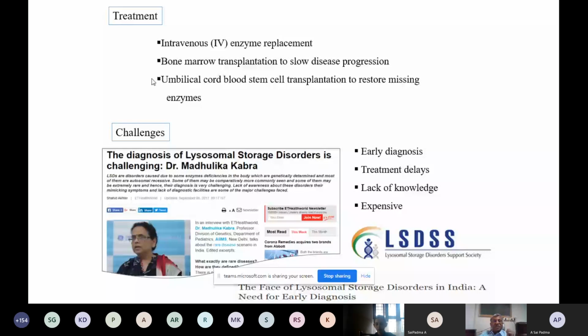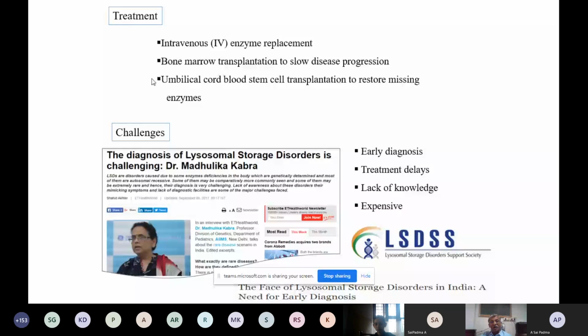So in our country, given the scenario of a large and diversified population, we do not have a specific cataloging of how many patients there are with one particular lysosomal disorder, how we can treat them, how we can identify them, and so on.